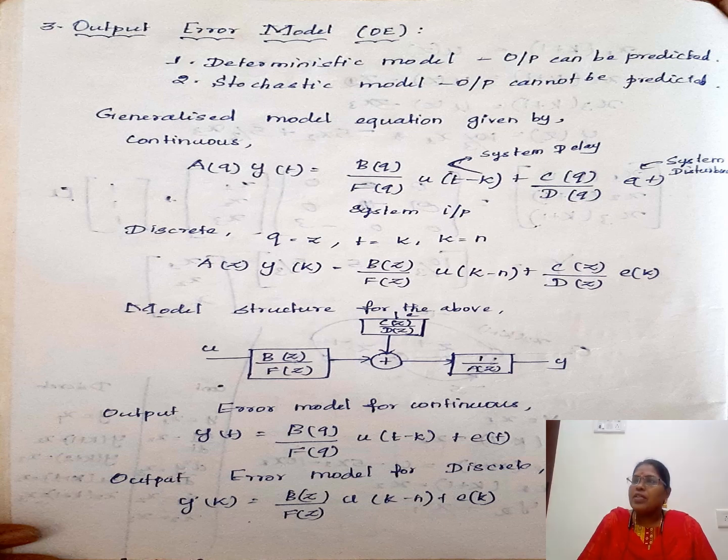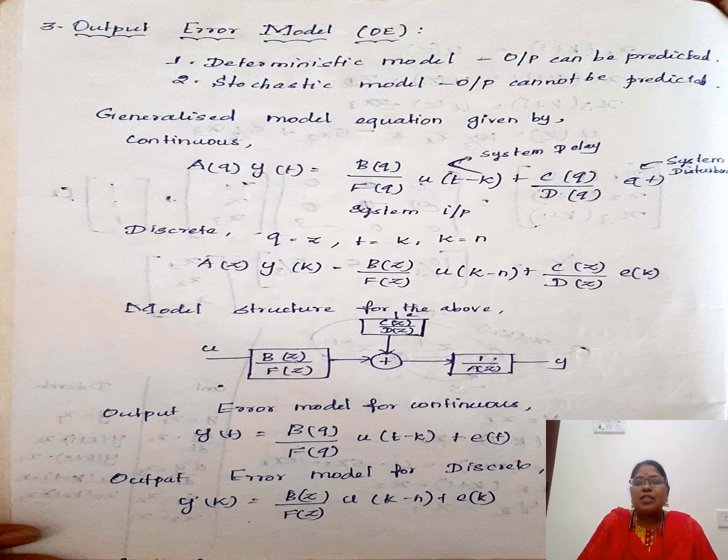The same equation we can convert into a discrete system. Wherever you have t, replace it by k, and q will be represented by z, because here we are using the z transform. So A of z, y of k, equals B of z by F of z, u of k minus n, plus C by D, e of k. You can draw this as a model structure.